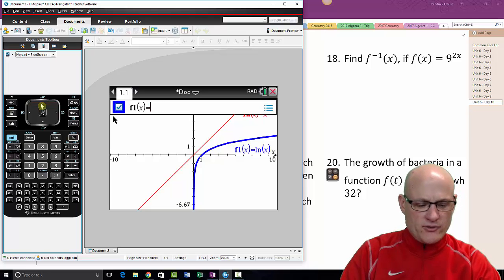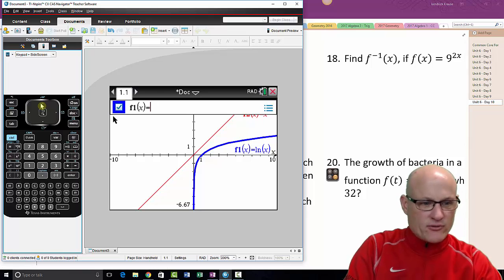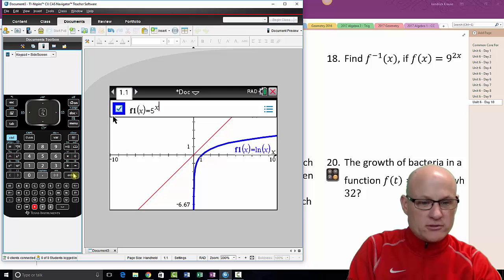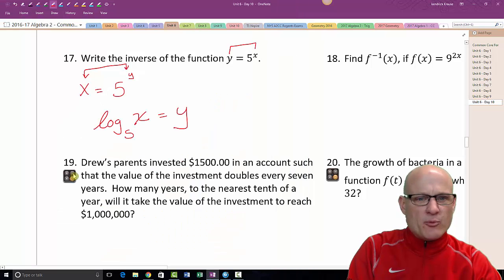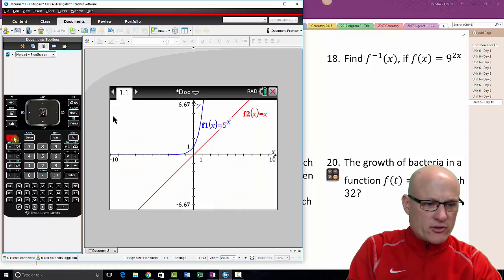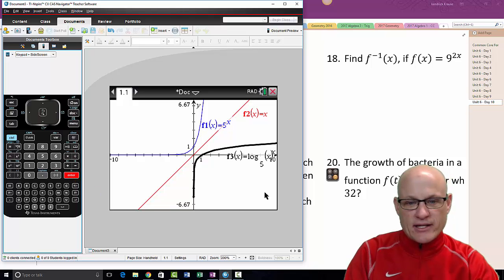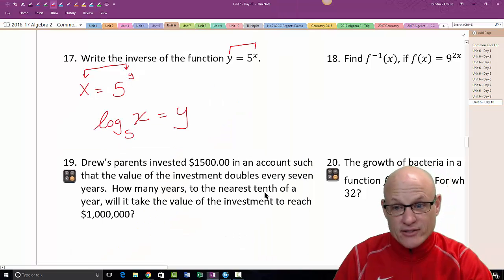The original was y equals 5 to the x. There was the original. And we came up with log base 5 of x. Now, if I did this correctly, they should look like mirror images across that line, and they sure do. Easy. There it is.